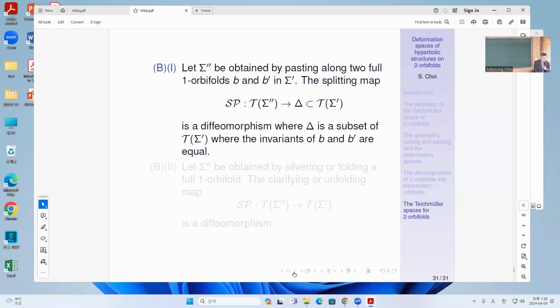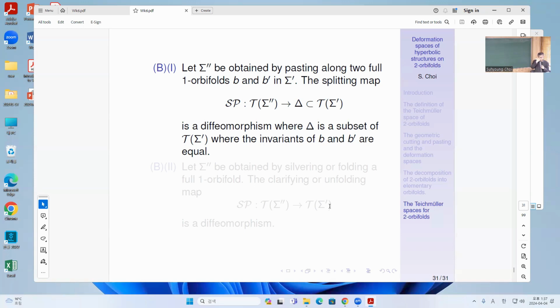And then finally, this one doesn't seem to appear, right? Some tech problem. But now if you fold the boundary component of the orbifold, this is just going to be a diffeomorphism because you did nothing to it. And whenever you have this, you can split together for boundary orbifold.